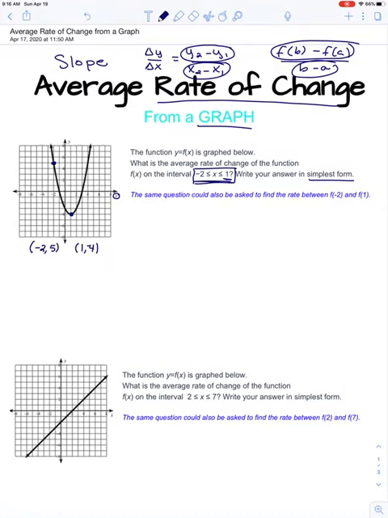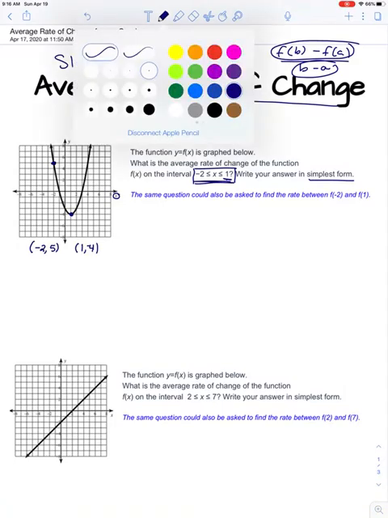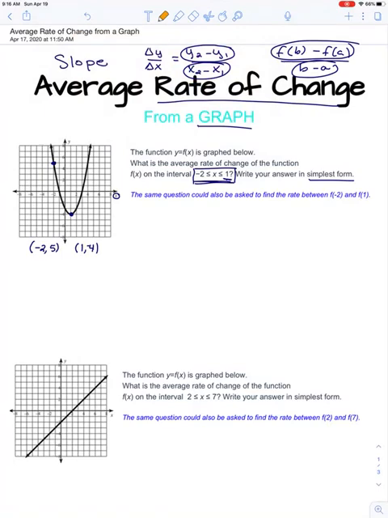Now I'm going to go ahead and label what everything means. Typically, we say x, y. But remember, in function notation, we don't use y values. We say f of x. So, and if you look at our formula, we want a's and b's.